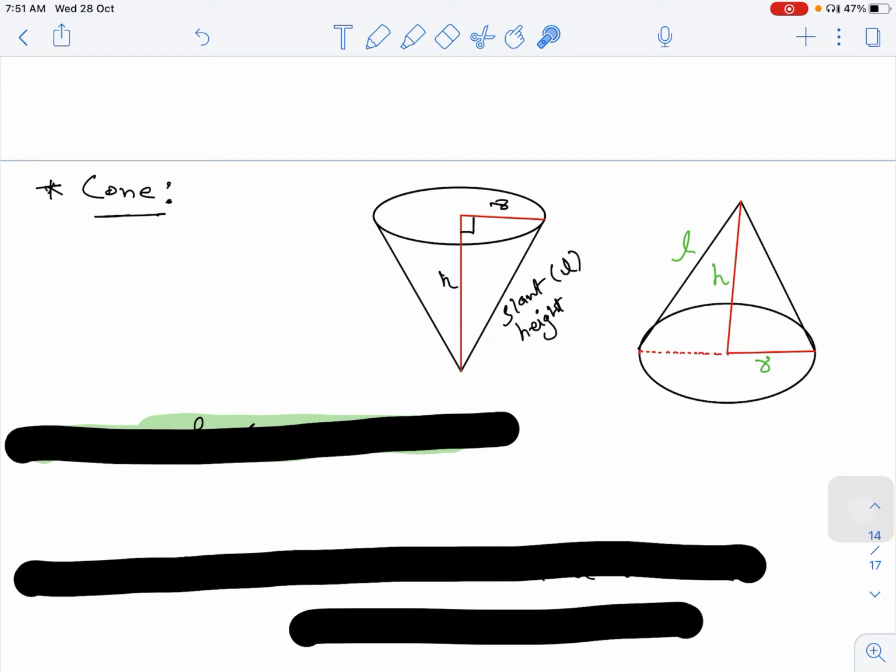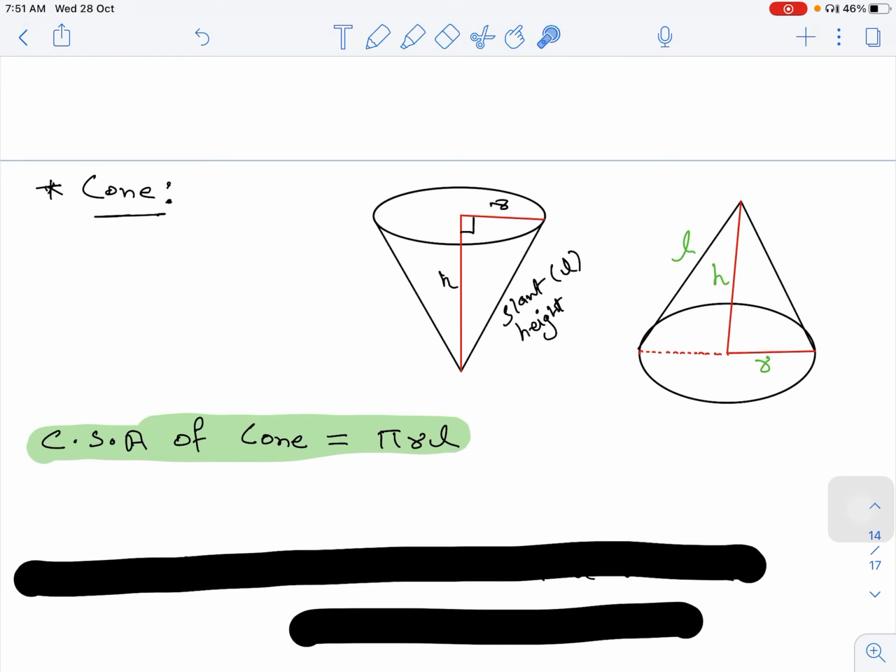In the CSA of the cone, there is no role of this perpendicular height, because inside it must be hollow. So in CSA, we consider the slant height. Now the CSA of a cone is given by pi r l, where r indicates the radius of the cone and l indicates the slant height.